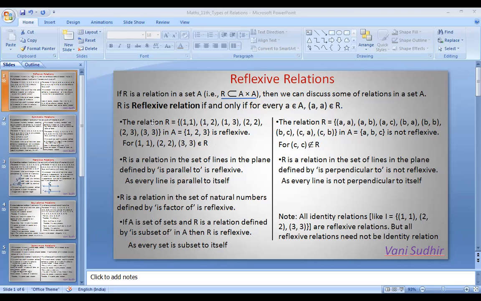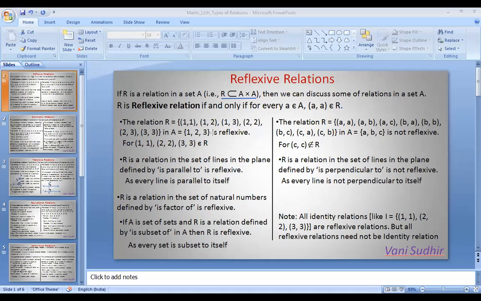Okay. The first example I have given, take this R1. It contains ordered pairs like (1,1), (1,2), (1,3), (2,2), (2,3), (3,3). And set A has only 3 elements: 1, 2, 3. The relation is such that the first coordinate is less than or equal to the second coordinate, x less than or equal to y.